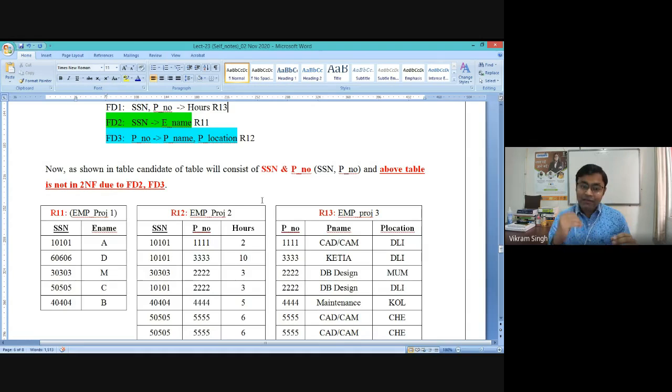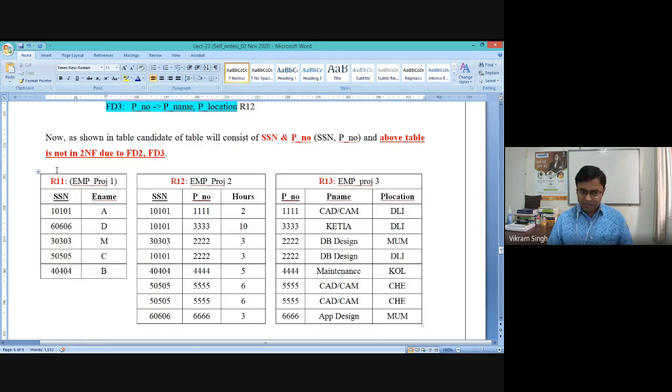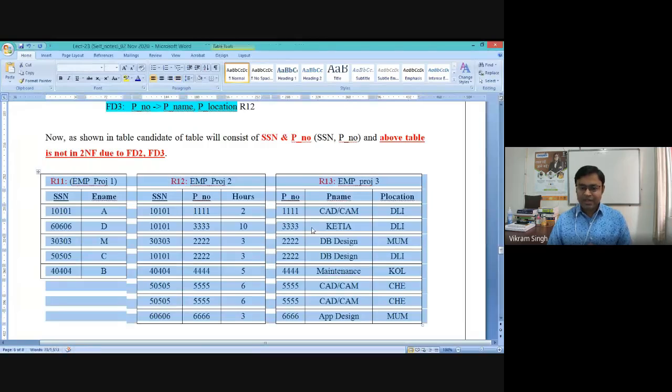Each and every FD which is violating the second normal form should be kept in a different table. We did not put FD2 and FD3 together just because both violate it. No, every FD violating the condition of second normal form should be kept in a different database table, right? So this basic database table is now normalized into the second normal form.